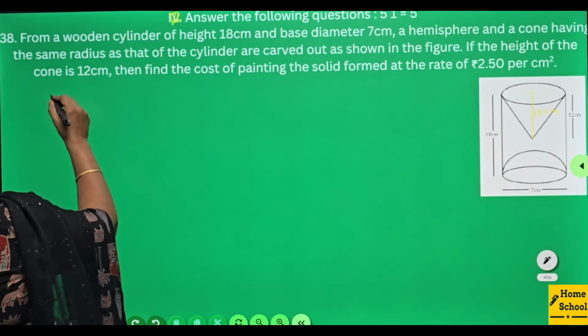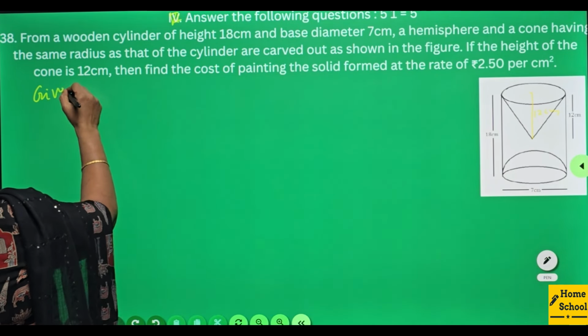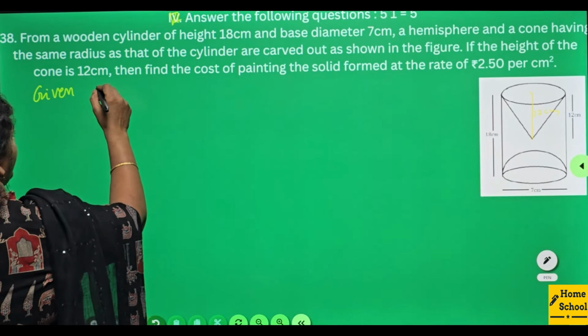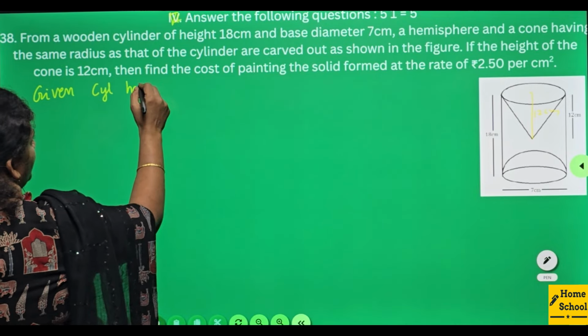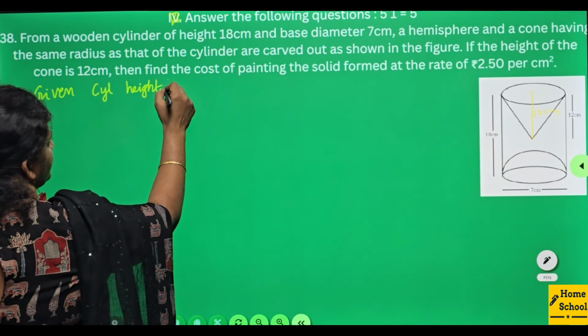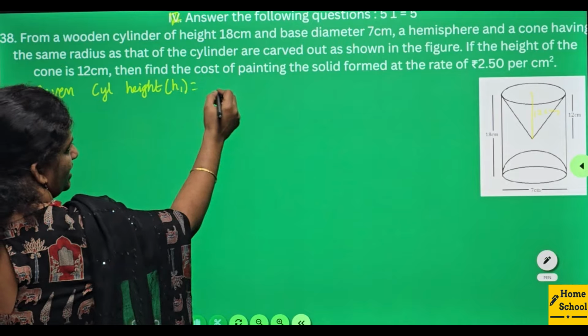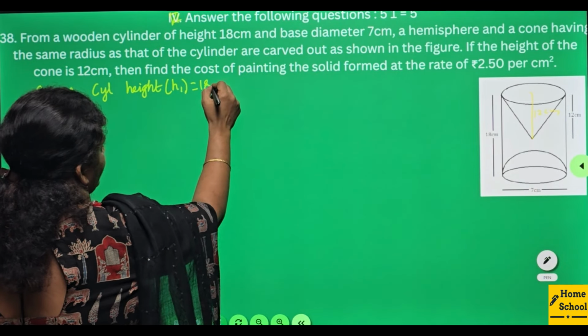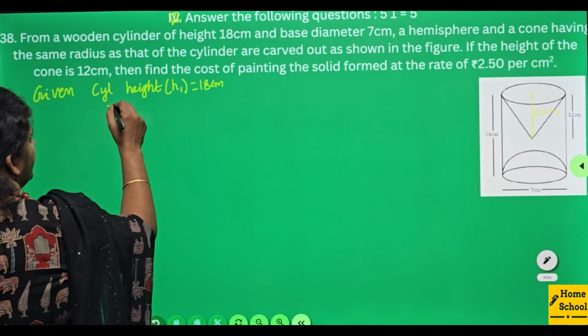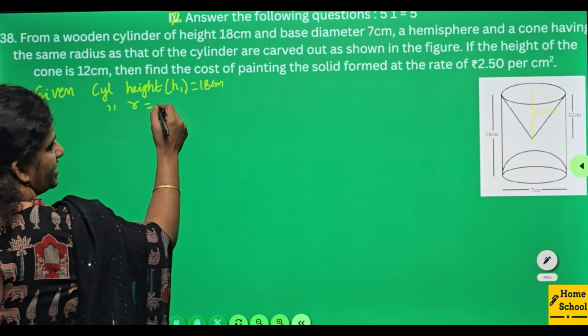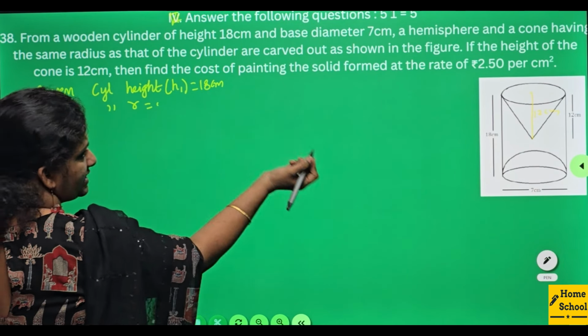Now first, given data: cylinder height H1 is equal to 18 centimeter and cylinder radius R, diameter 7 given.